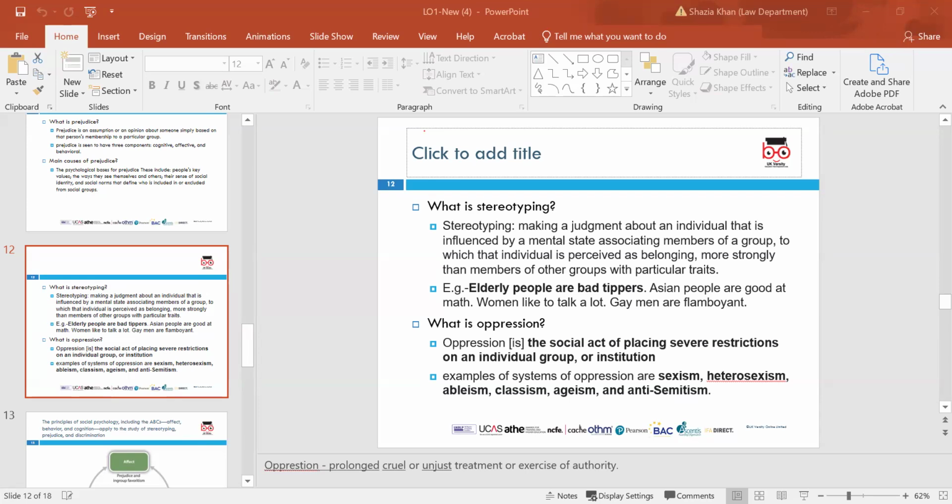It's really important to take into account that it's a form of discrimination. We can't say that women are better than men, or that elderly people are bad tippers. That's an assumption we've got. It's not something that we would say, because it's a form of discrimination that would happen within the workplace or outside the workplace.